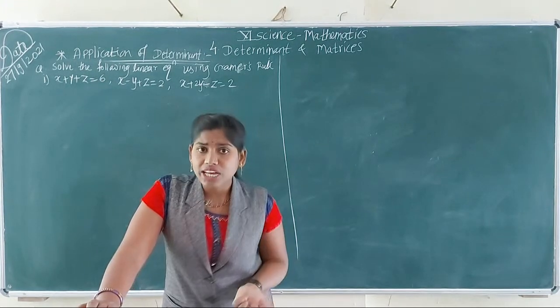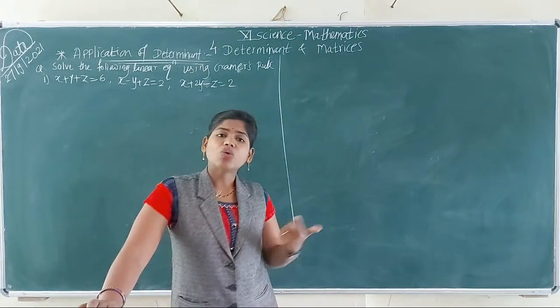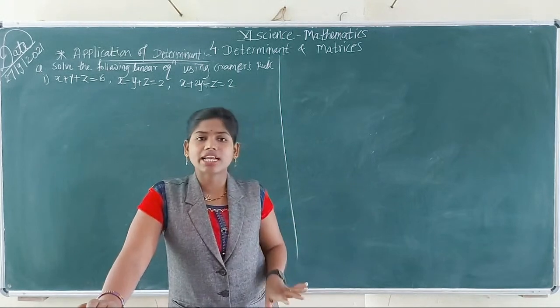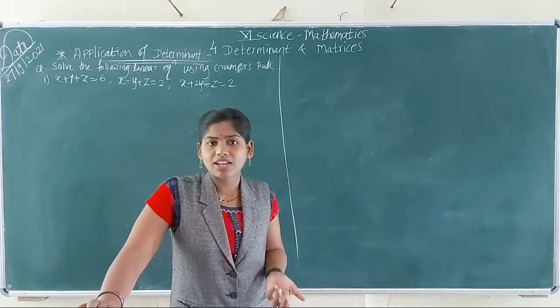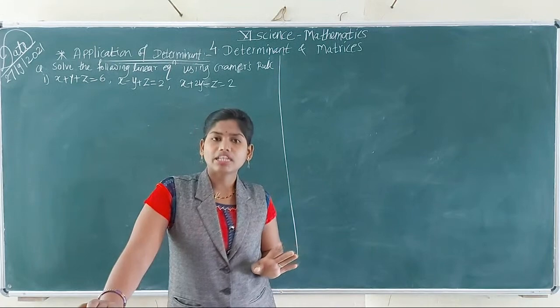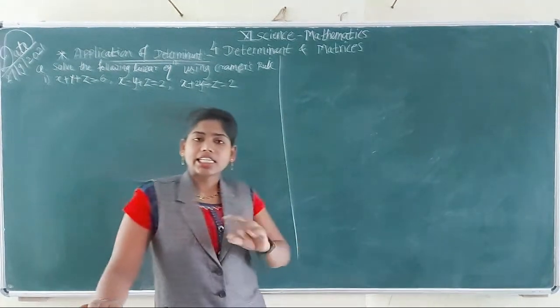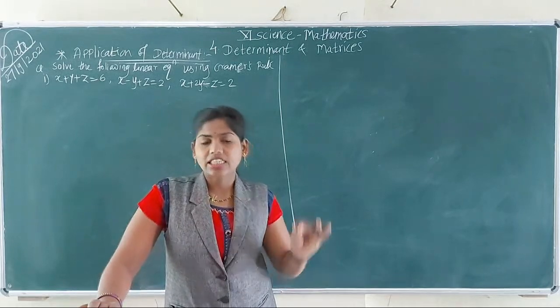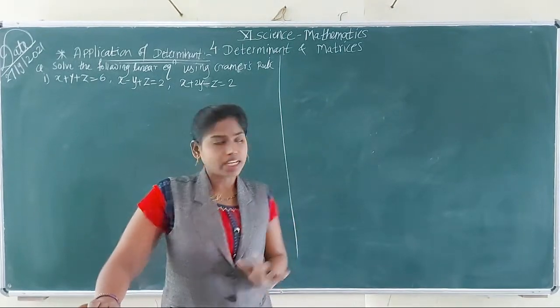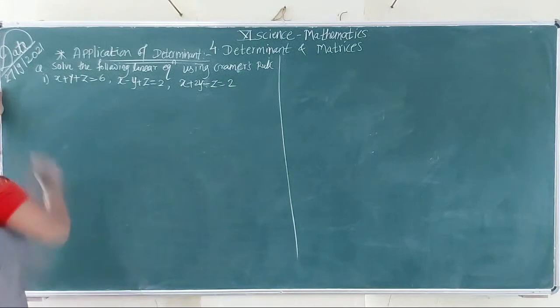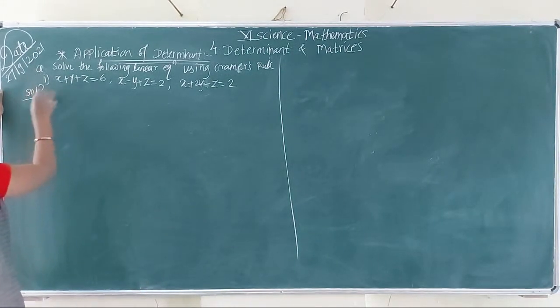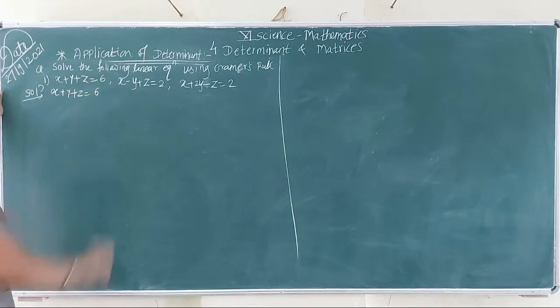The next question that arises in our mind is how to find these values. First, find the value of the determinant. First, write down the three linear equations that are given. So the first linear equation is x plus y plus z is equal to 6.